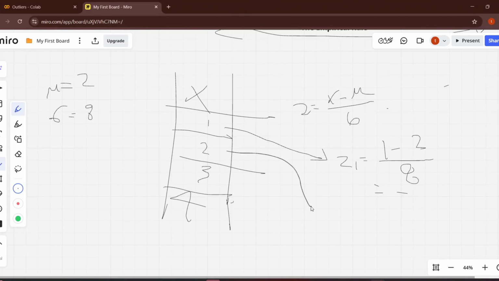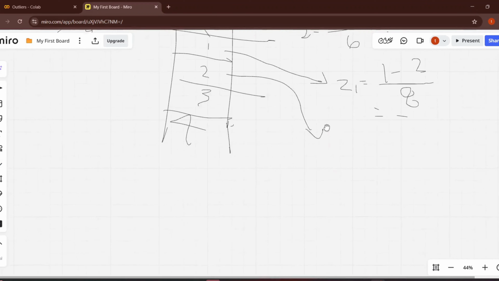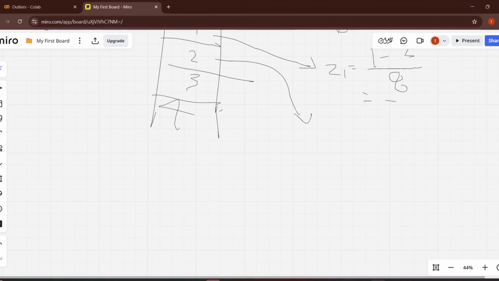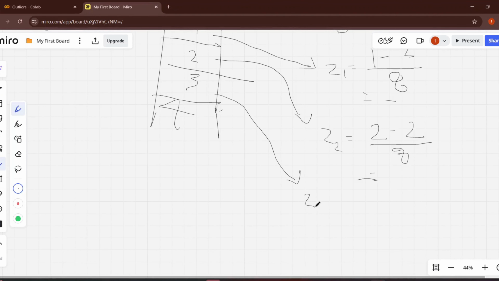In the same manner we will find out the value of z-score for the next one. z2 is 2 minus 2, because mean is 2, divided by 8, the standard deviation. In the same manner we will find it out for z3: 3 minus 2, which is the mean, divided by 8, which is the standard deviation.